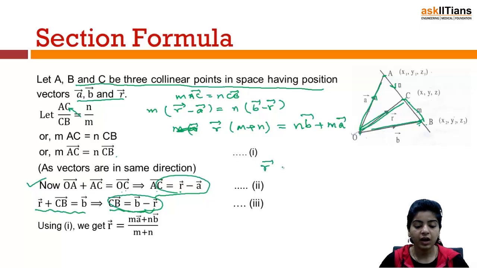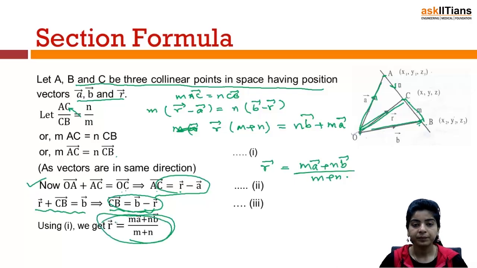Or you can write R vector becomes MA plus NB by M plus N, and this is the required formula.